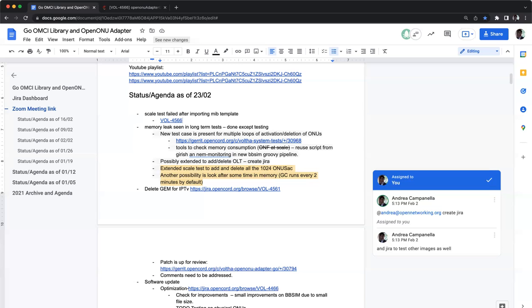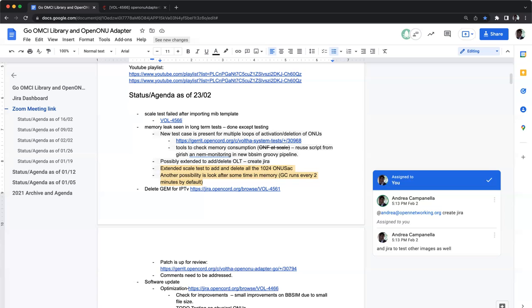I only see the timeout for the whole process of attempting to lock the UNI ports. So probably this is a mixture of the BB-SIM being overwhelmed and not responding anymore, and probably some queue being filled up with all the events. I don't know.